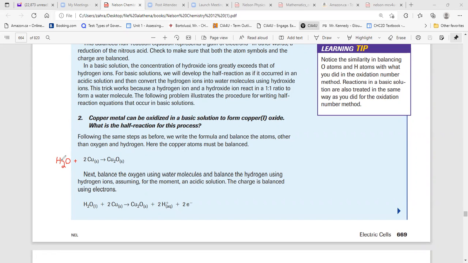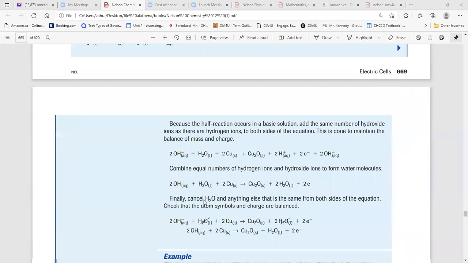Here, hydrogen we have 2, so we have to put plus 2H. Since I have the 2H, I need to balance the charge. I need to add 2 electrons here because you want to cancel this. So that will be the solution.